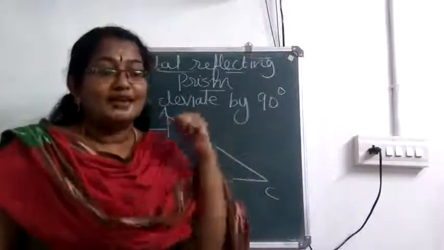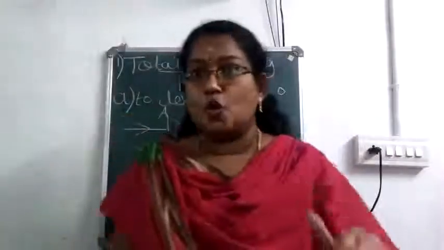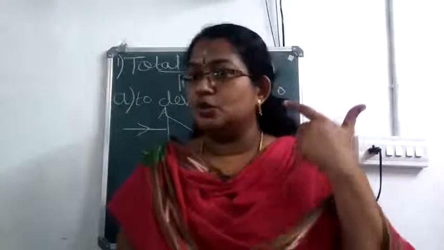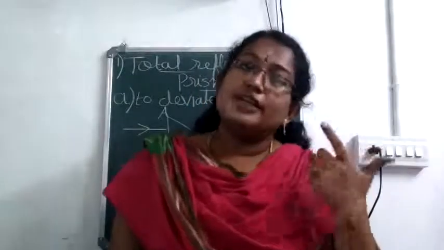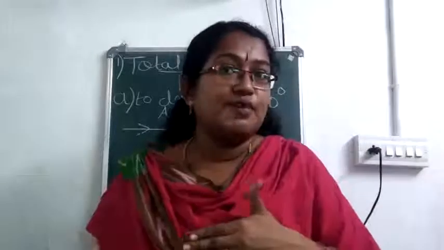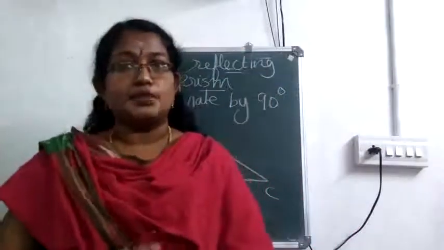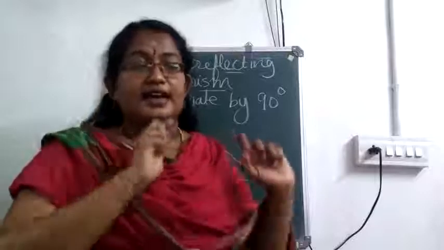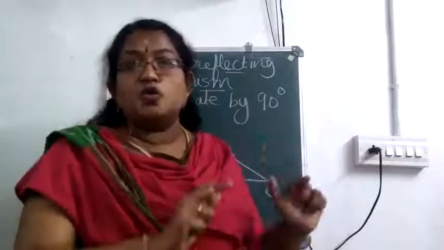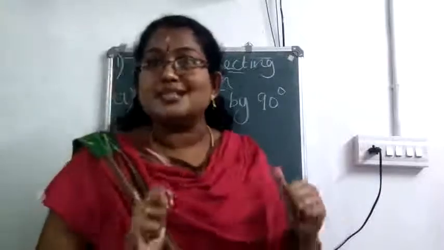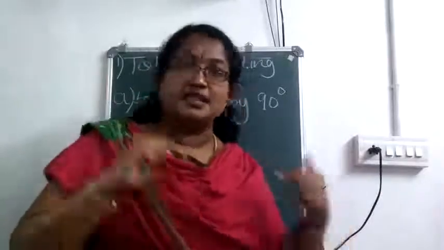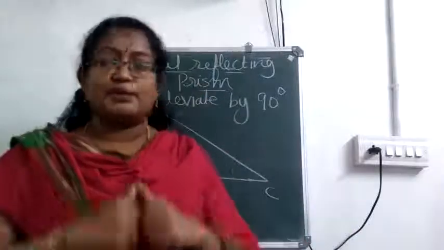Now, when a ray of light hits on a surface normally, how does refraction take place there? Will it undergo any deviation from its path? We already learned that when a light ray moves from a rarer medium to a denser medium, it bends towards the normal. From denser to rarer, it bends away from the normal.